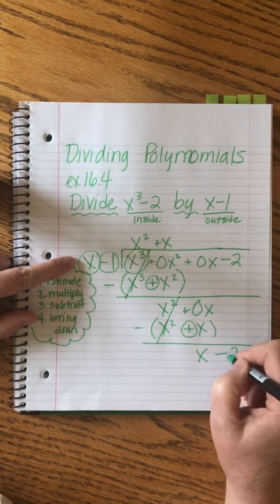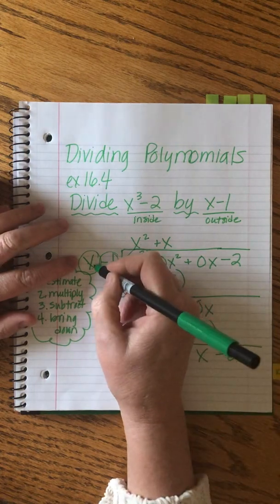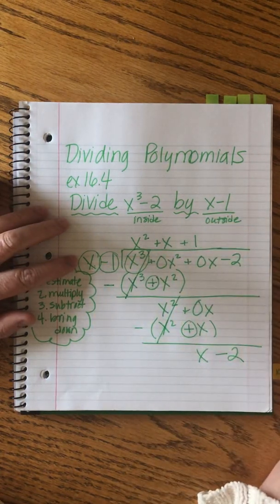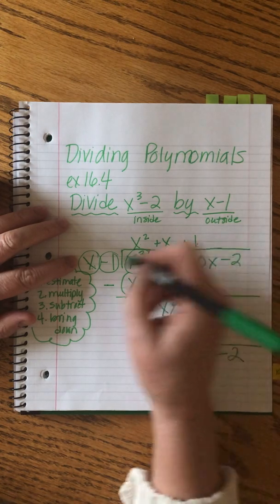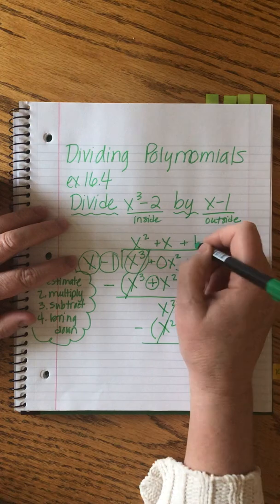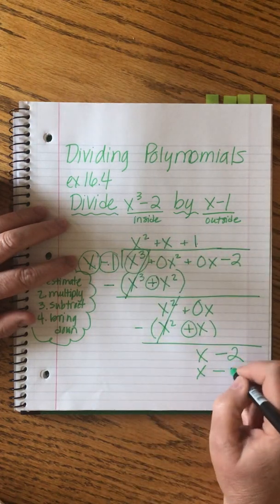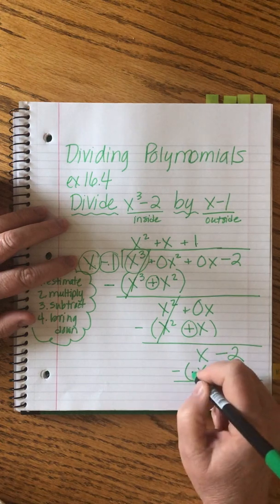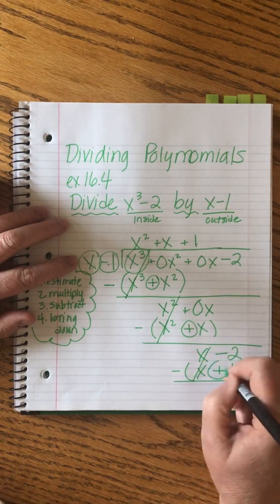Bring down the minus 2. What do we multiply x by to get x? Plus 1, right? So now 1 times x is x. 1 times minus 1 is minus 1. We're subtracting. So this cancels. This becomes a plus.